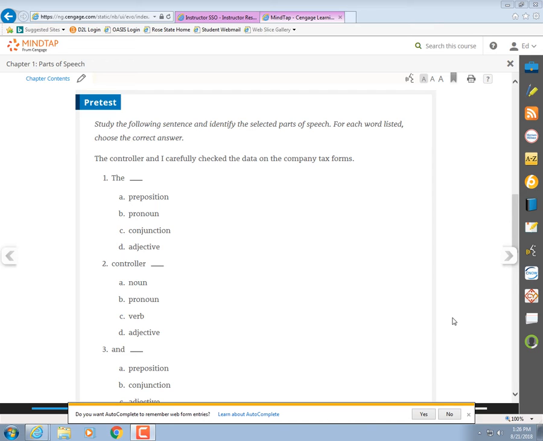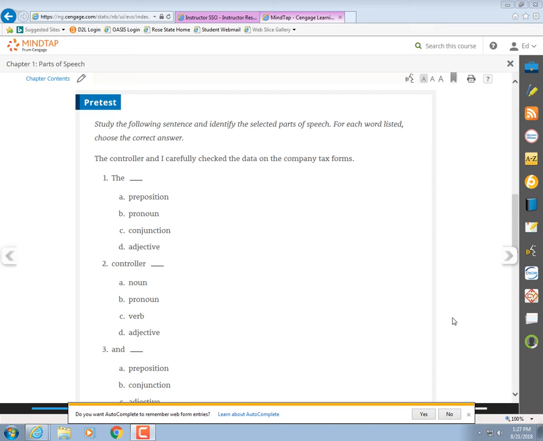And then what did I check? Data. Okay, so anytime that I can answer the question, what or who, after an action verb, then that particular word is going to be the direct object because it receives the action of that verb.